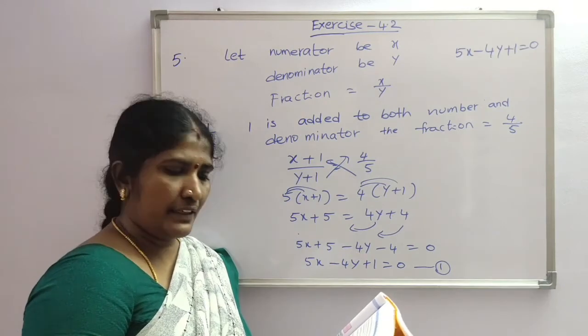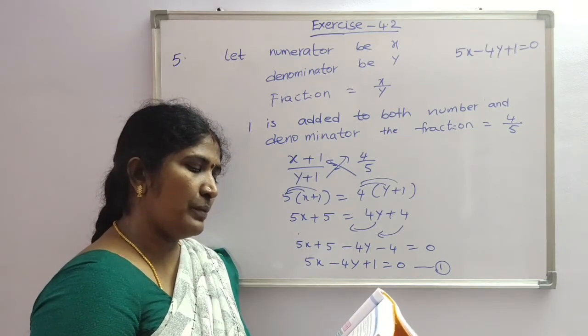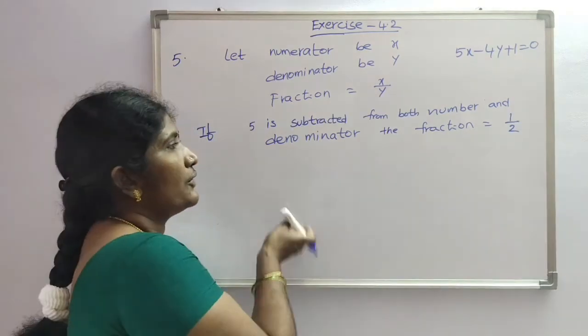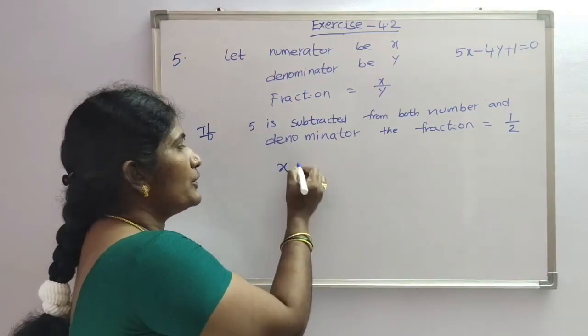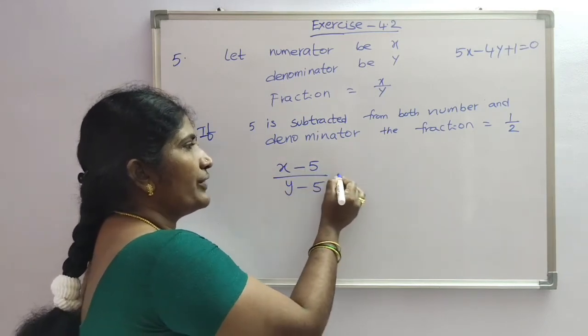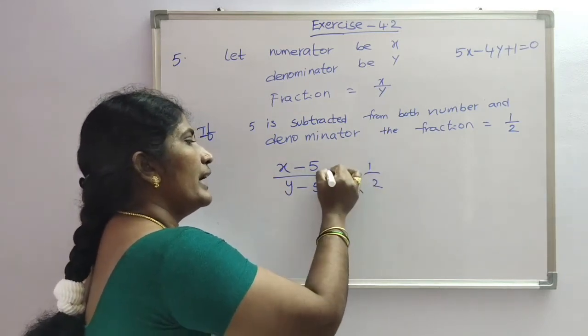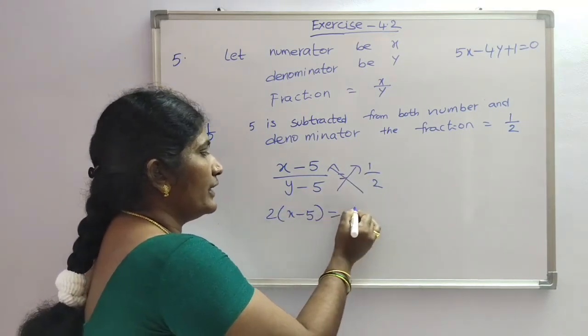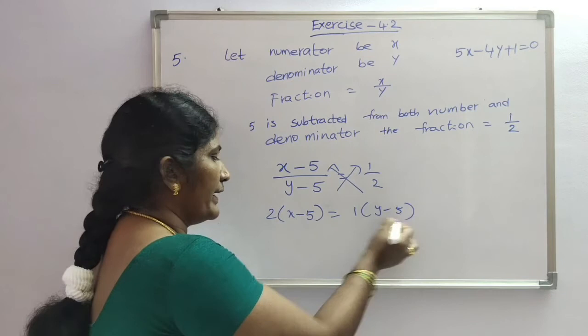Now the second condition, if you subtract 5 from both the numerator and denominator, the fraction becomes 1 by 2. That is, what is the numerator? x. You have to subtract 5 from the numerator, x minus 5 by y minus 5 is equal to 1 by 2. Again do cross multiplication. 2 into x minus 5 is equal to 1 into y minus 5.